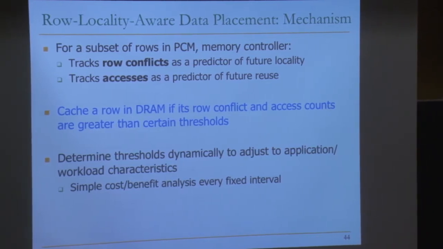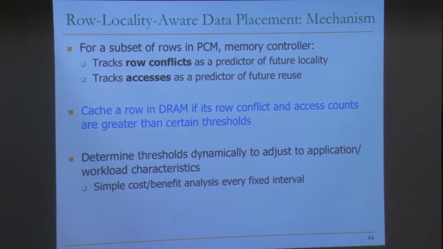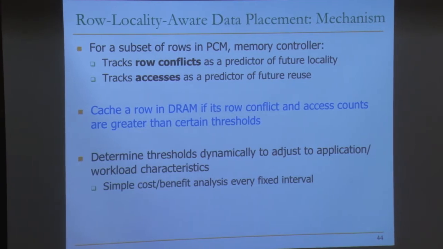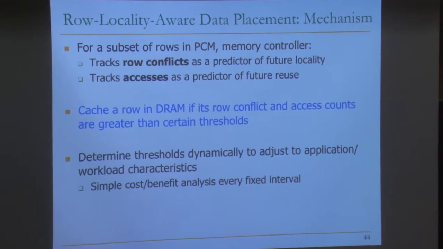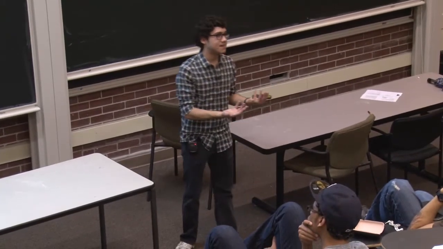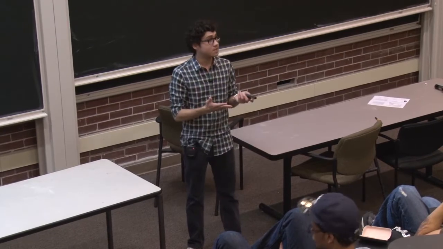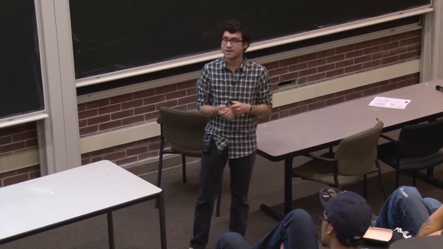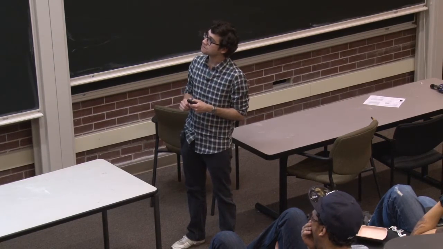The key idea is if we've seen a bunch of row misses in the past when accessing this data, we're going to predict that we'll continue to see row misses when we access it in the future. And we also track the number of accesses as a predictor of future reuse. So if we've accessed this data a lot of times in the last however many cycles, we predict that we'll continue to access it. These are just predictions. Occasionally they'll be wrong, and we'll cache some data that we didn't need to. That's OK, though, as long as most of the time they're accurate.